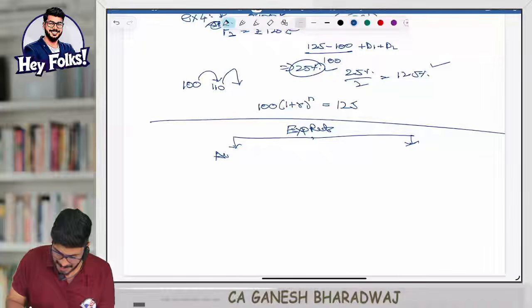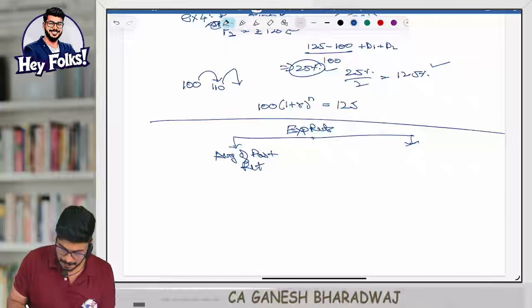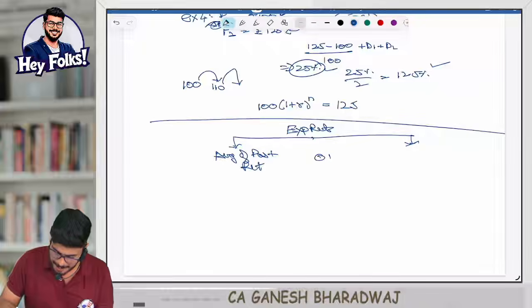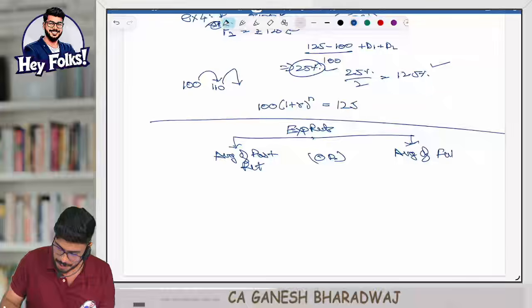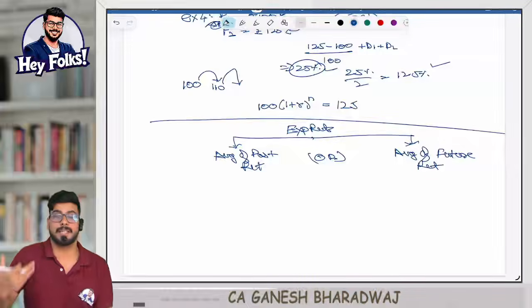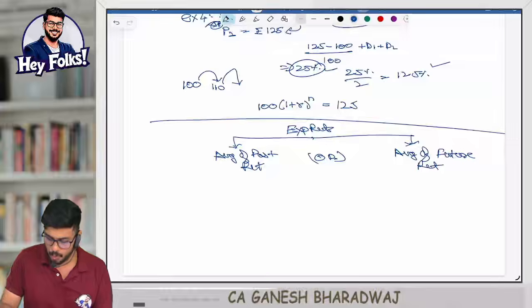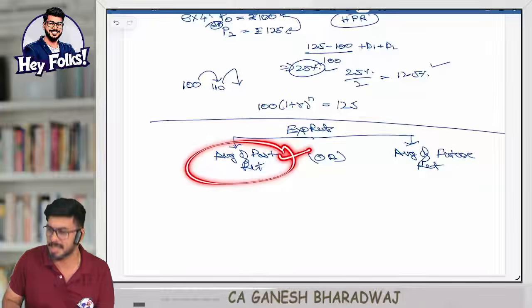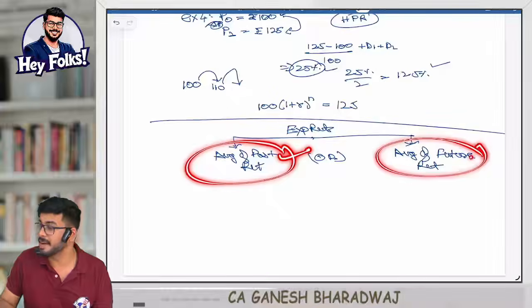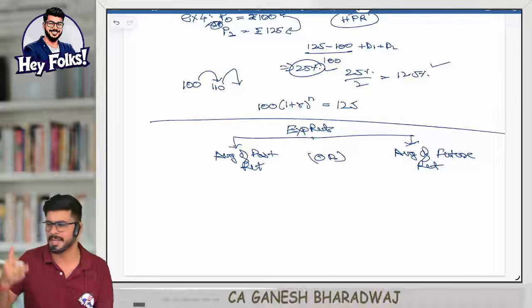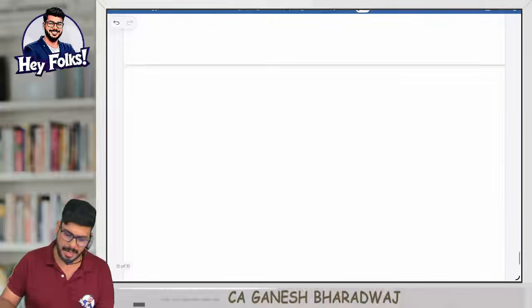It can be an average of past returns, or it can be an average of future returns. What it is, I will tell you, don't worry. Shall we get started, guys? Yes.